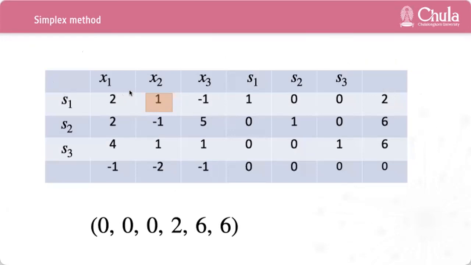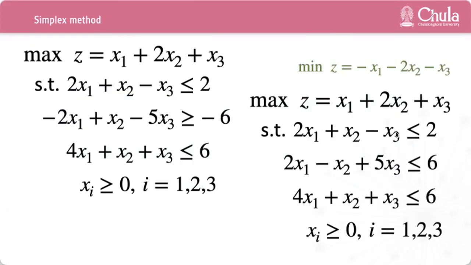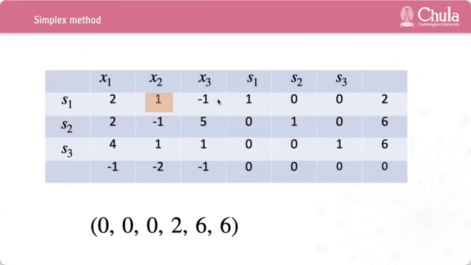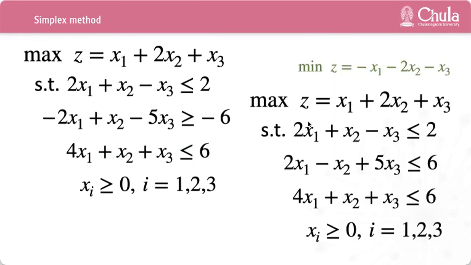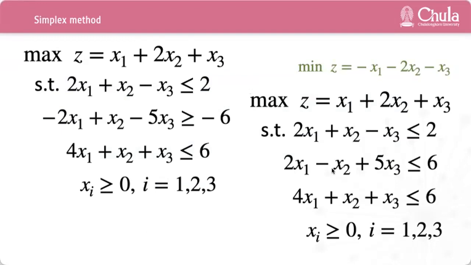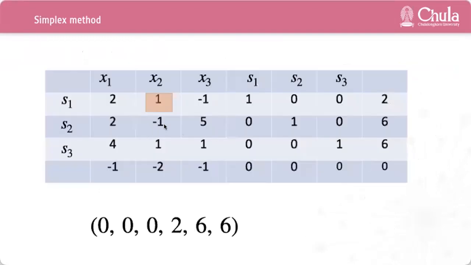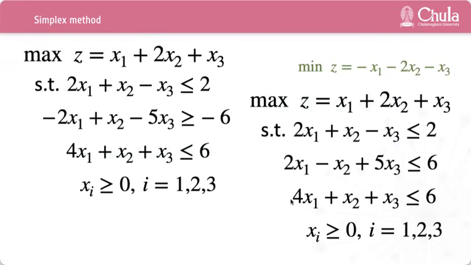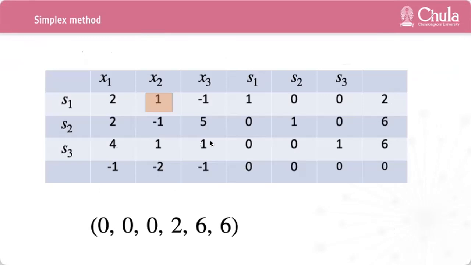So what we have here, we write down the coefficients in the table. 2, 1, -1, and 1 at S1. And here 2, -1, 5, and 1 at S2. And for the last one, 4, 1, 1, and 1 as the coefficient of S3.